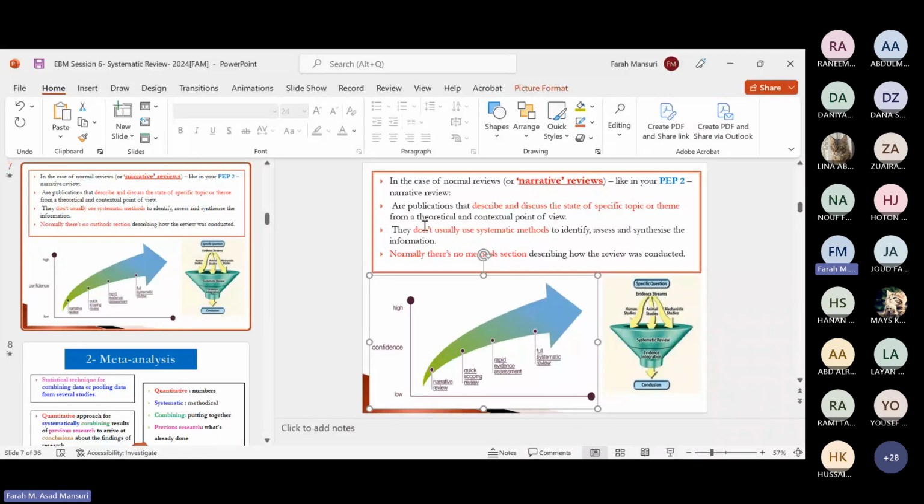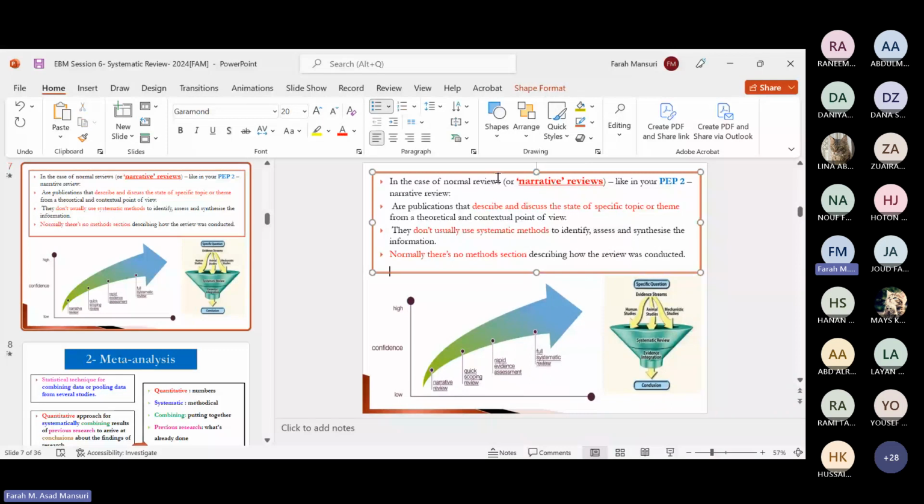While in systematic review, we carry out a certain methodology in order to give it the form of a systematic review, because we select the studies in a proper way, we extract the information, and then we analyze it by meta-analyses and reach some conclusion.